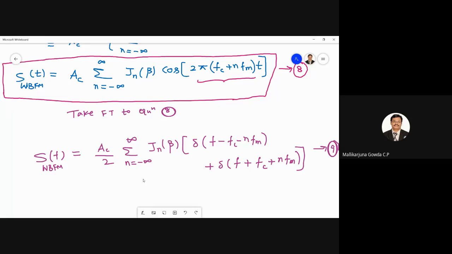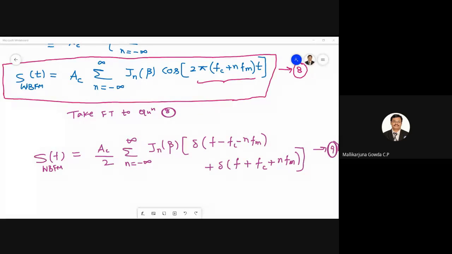Is this clear? This is the expression for the Fourier transform of equation 8. Do you have any doubts? I have written the Fourier transform of cos 2 pi (fc plus n fm) t as delta of f minus that term, plus delta of f plus that term.